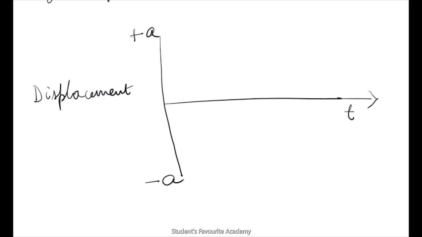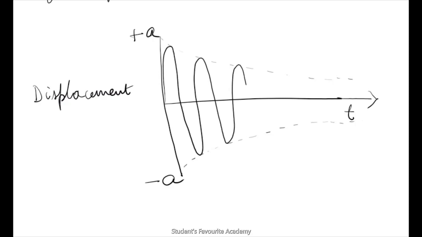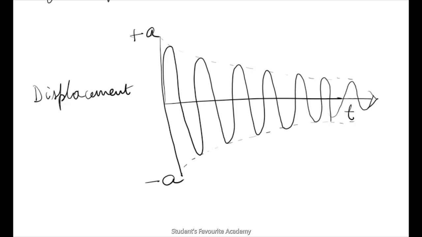Here, like in natural vibrations, the amplitude was constant throughout, but here you will find that the vibrations keep on decreasing, like this. So amplitude is decreasing, and ultimately the body comes to a stop. So this displacement time graph is of damped vibrations.